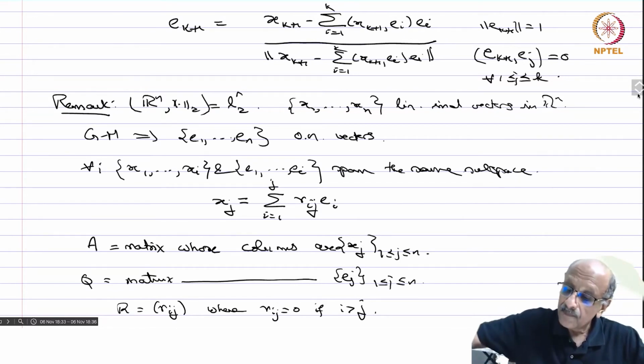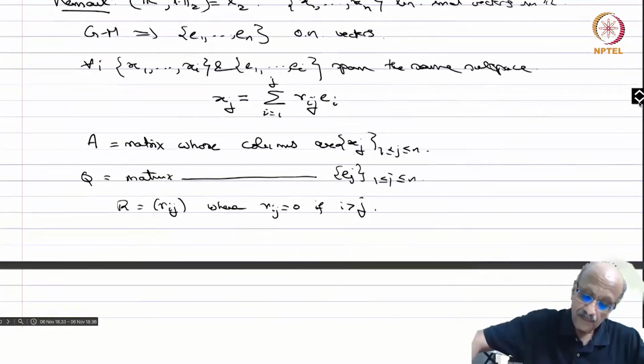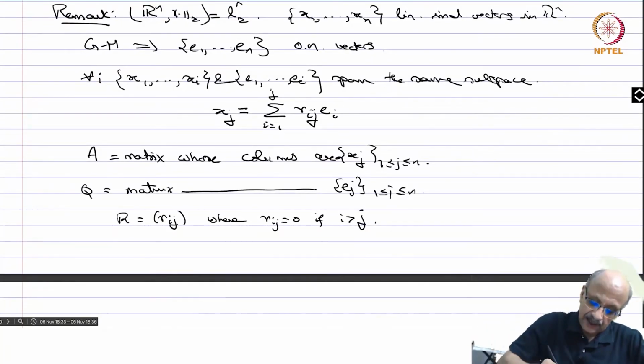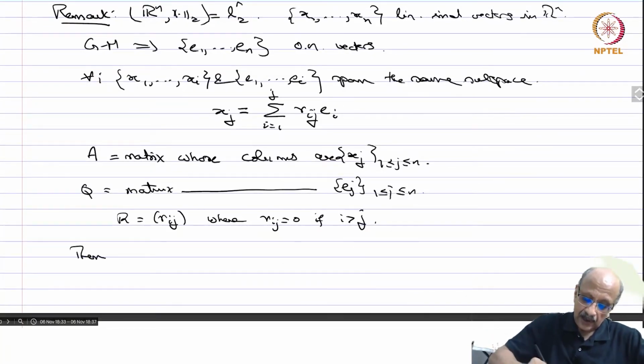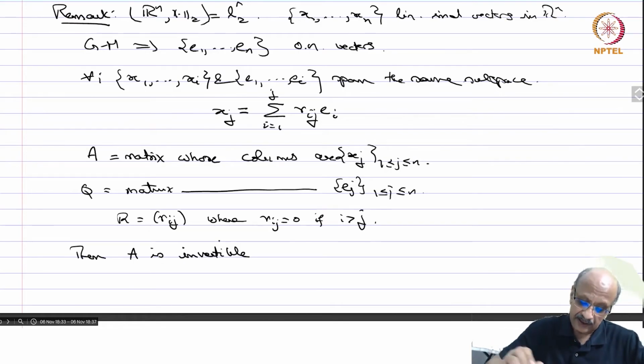Then A is invertible because the columns of the matrix are linearly independent. Now Q is a matrix whose columns are all orthogonal to each other, and therefore Q is orthogonal.